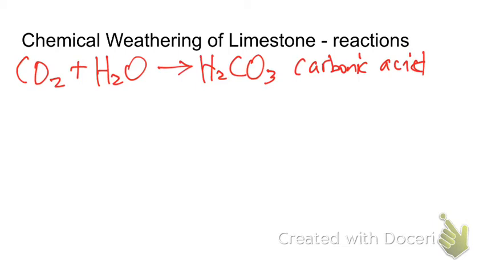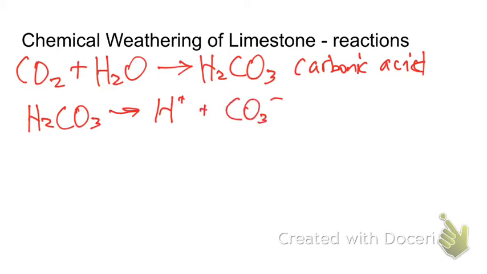All right, the carbonic acid, like all acids, quickly dissociates into an H plus ion and a CO3 ion, a carbonate ion. Now in terms of what makes an acid, it's the H plus ion. So when you have this, that's the culprit that does all the damage.